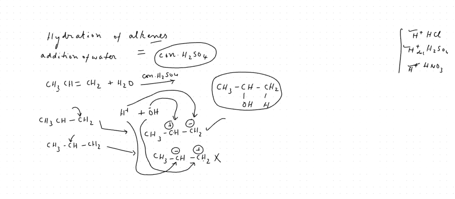In this case, if anti-Markovnikov addition takes place, you will get a primary alcohol with the molecular formula CH3, CH2, CH2, OH. So this is how alcohol is prepared by the hydration of alkenes.